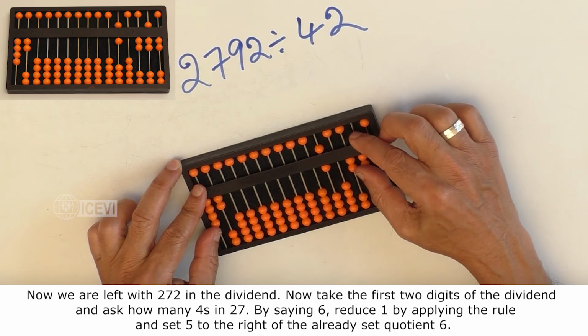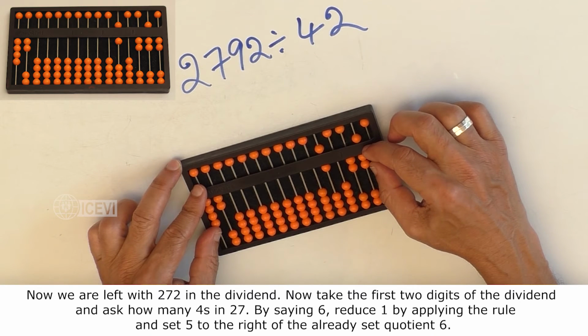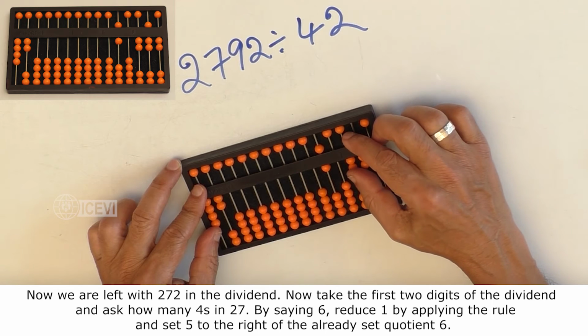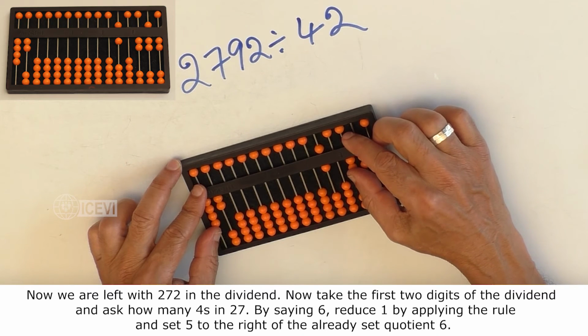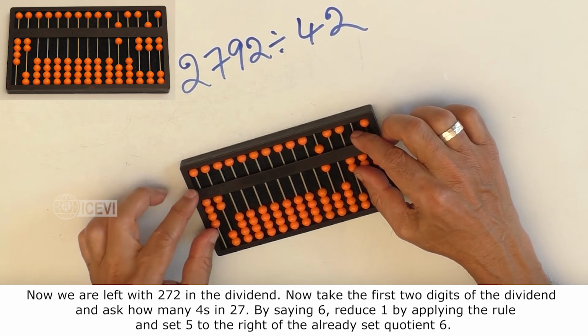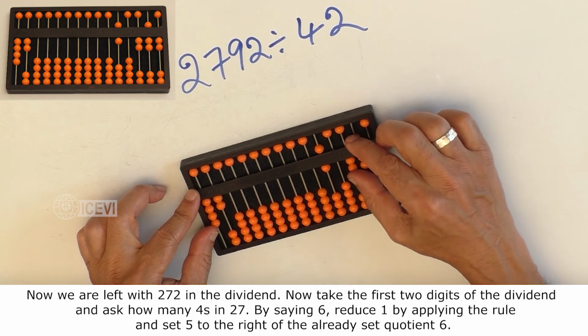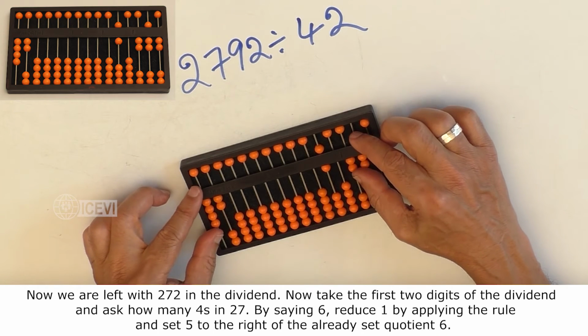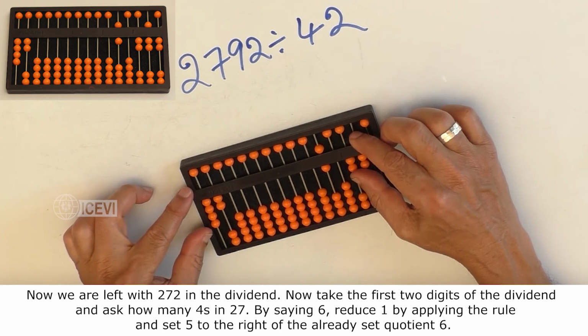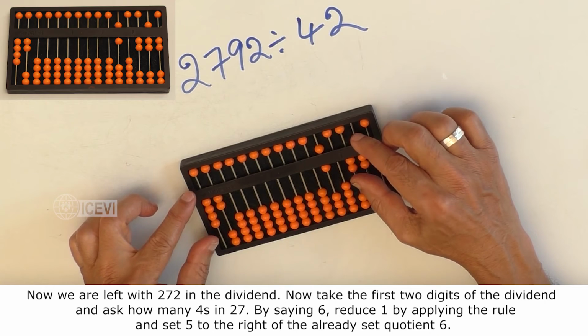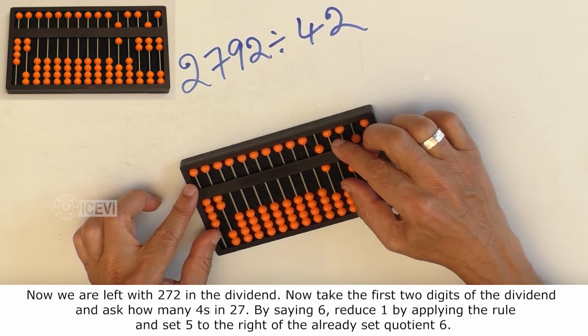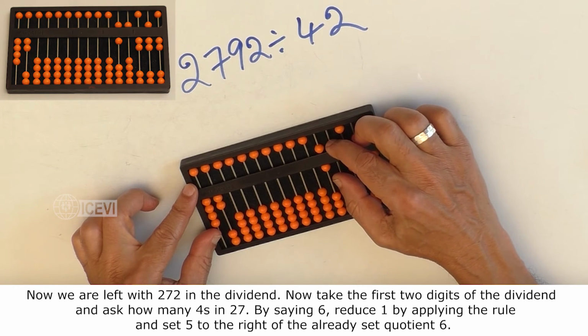Now we are left with 272 in the dividend. Now take the first 2 digits of the dividend and ask how many 4s in 27, by saying 6. Reduce 1 by applying the assumed quotient rule and set 5 to the right of the already set quotient 6.